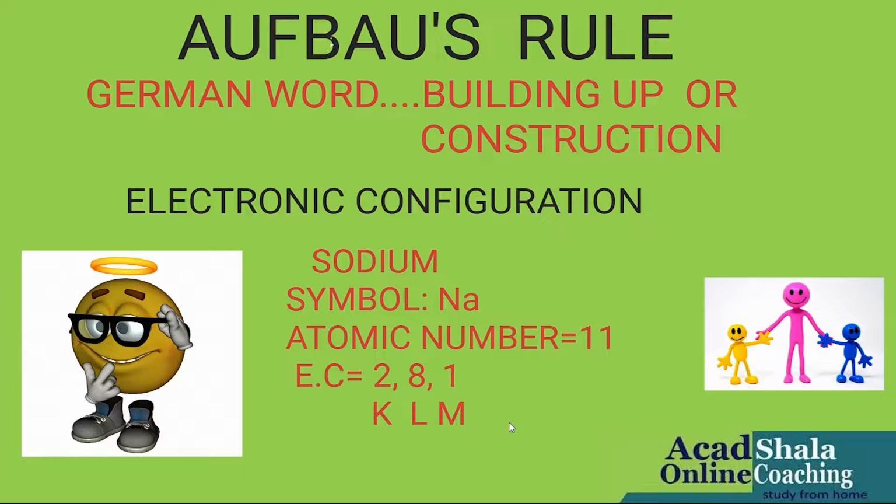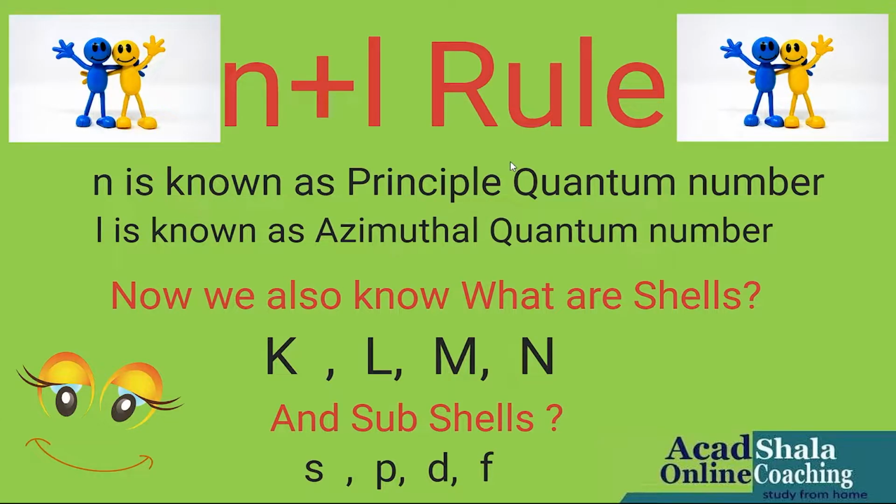This is a big question mark for us. Yes, we have a magic rule, known as the golden magic rule, that is the n plus l rule. This rule will solve our problem.